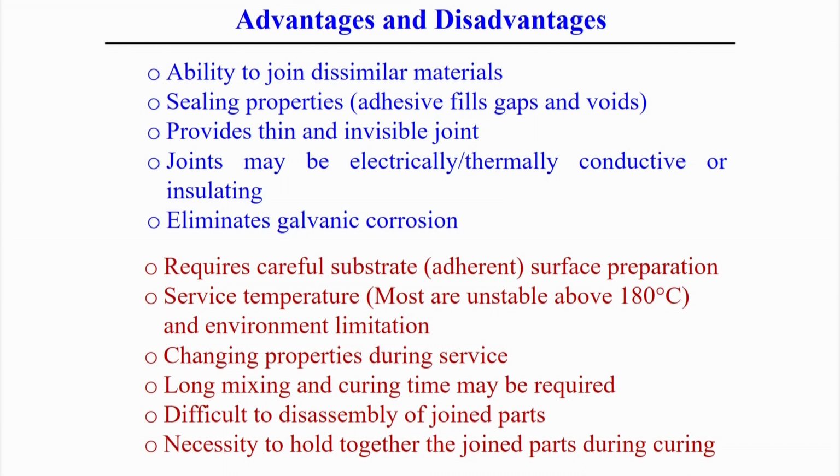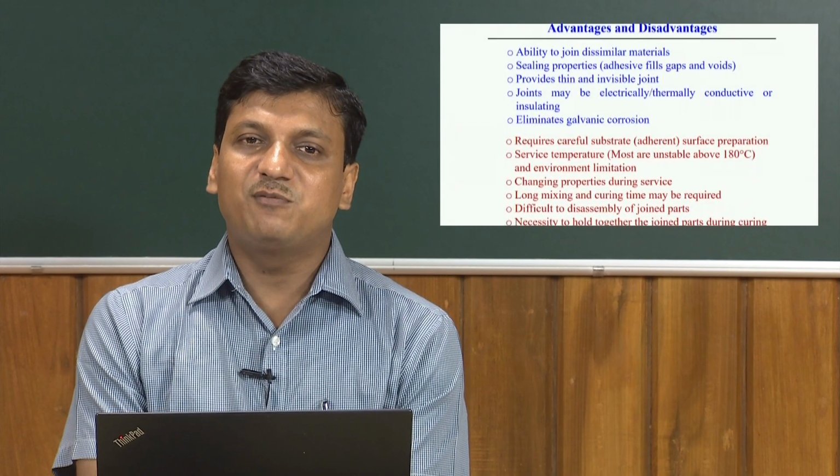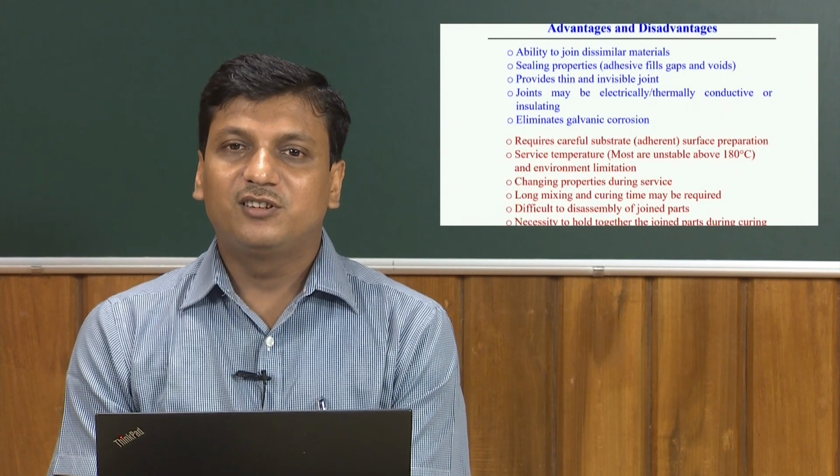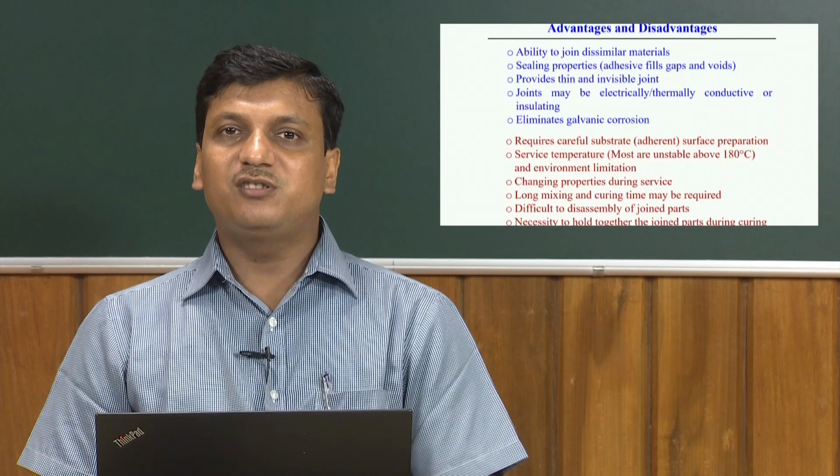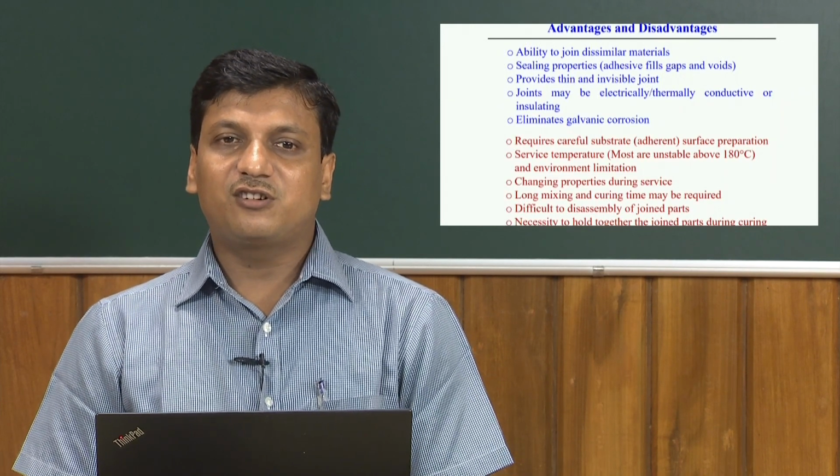Adhesives have good sealing properties, because they fill the gaps and voids. Most of the time we use a very thin layer and an invisible joint, but good joint strength can be achieved. Using some additive agents, adhesives can be made electrically or thermally conductive or insulating, whatever the requirement, so that kind of flexibility is there in adhesive joints between the components.